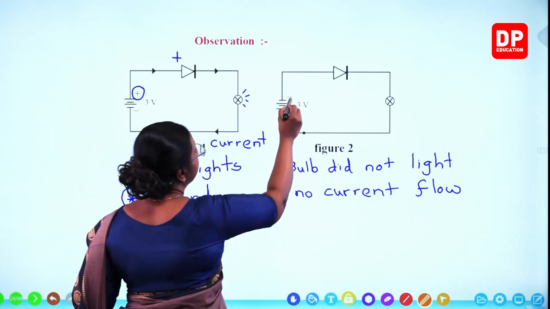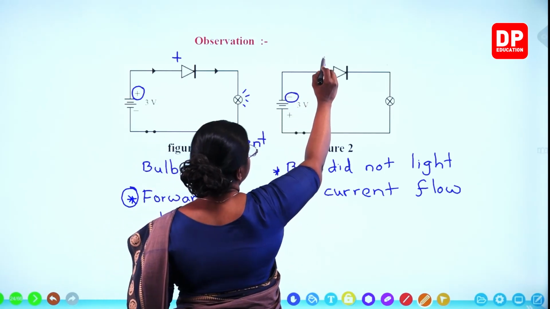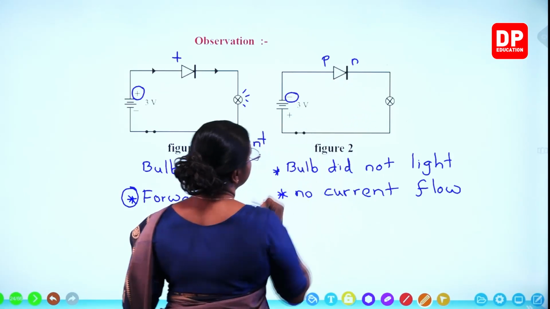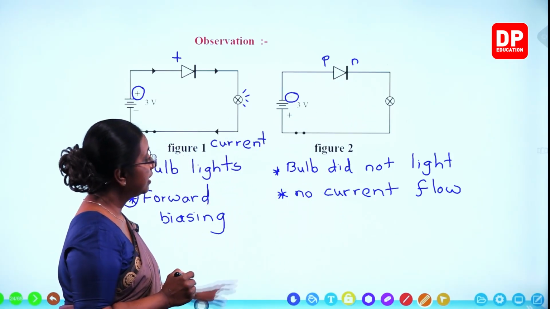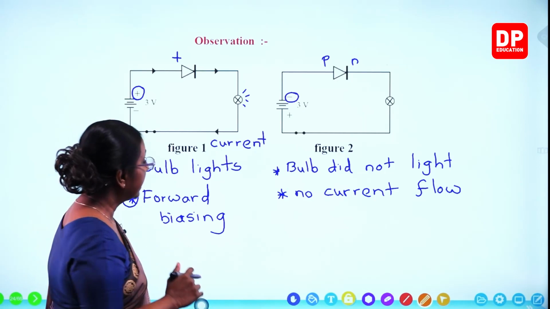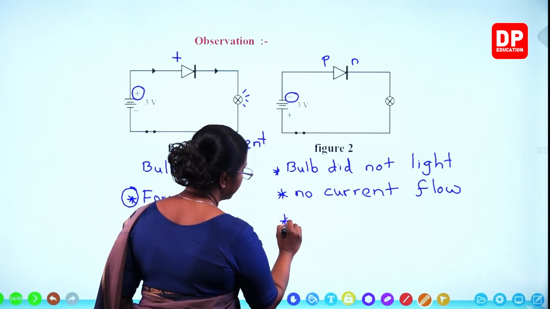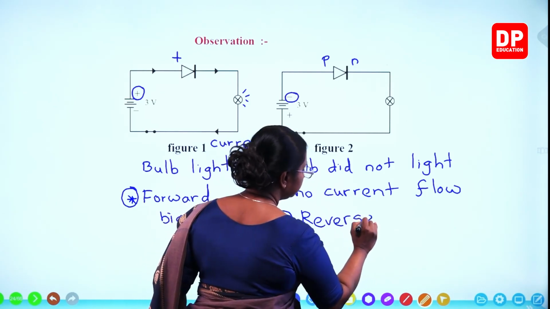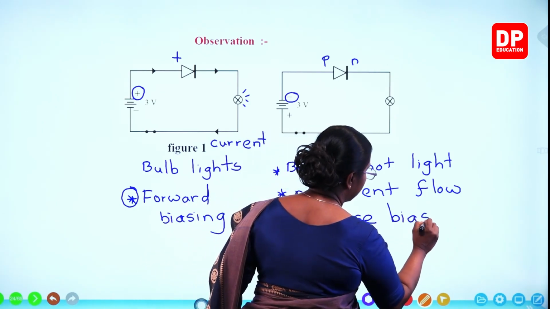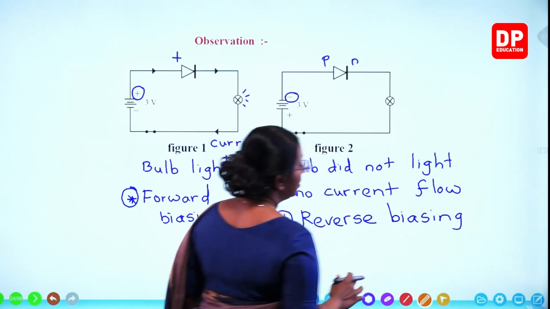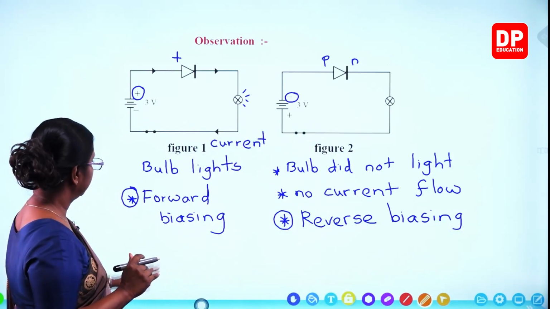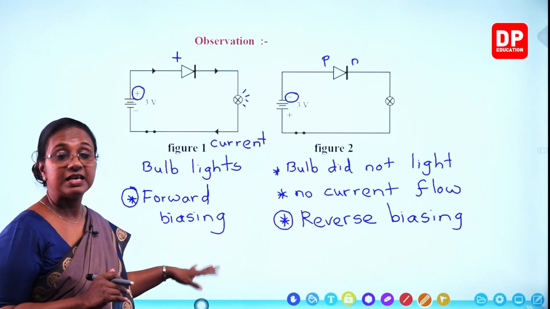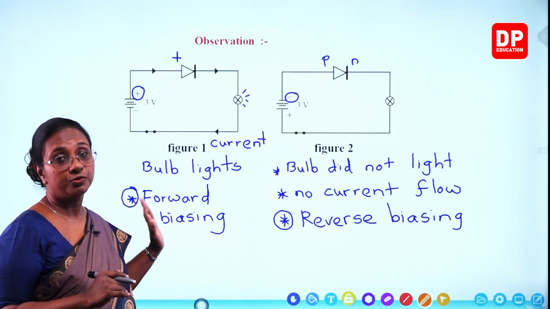Here, when the negative terminal is connected to the P side and the positive terminal is connected to the N side, there is no current flow, and that type of biasing is known as reverse biasing. So only when the PN junction is forward biased will it allow the current to flow through it.